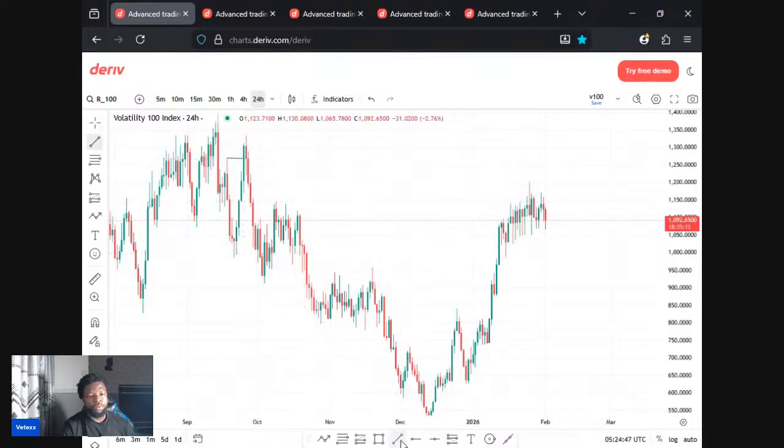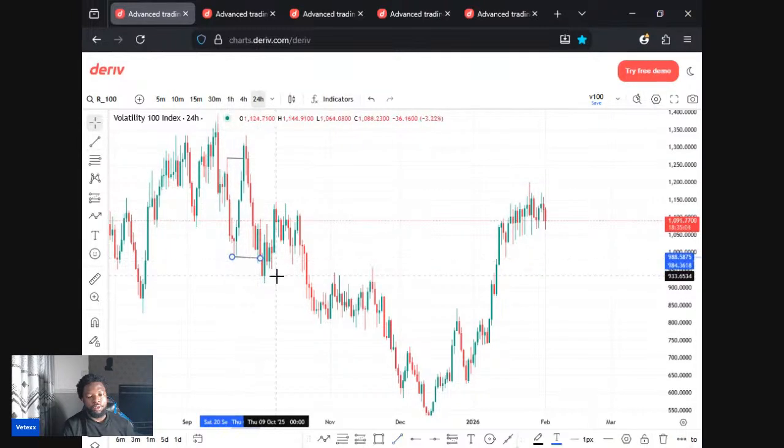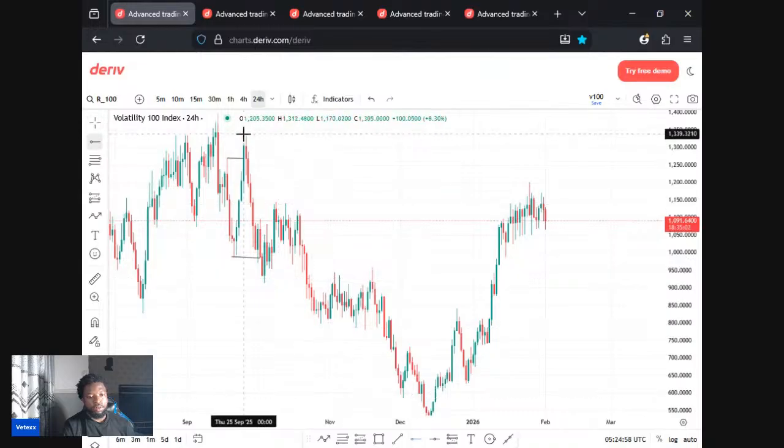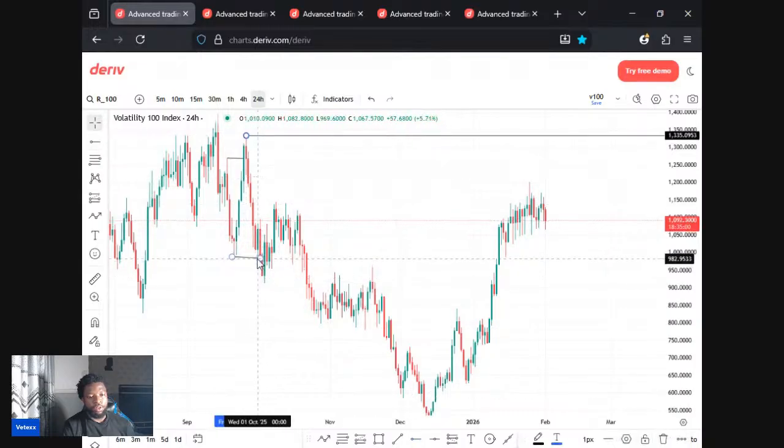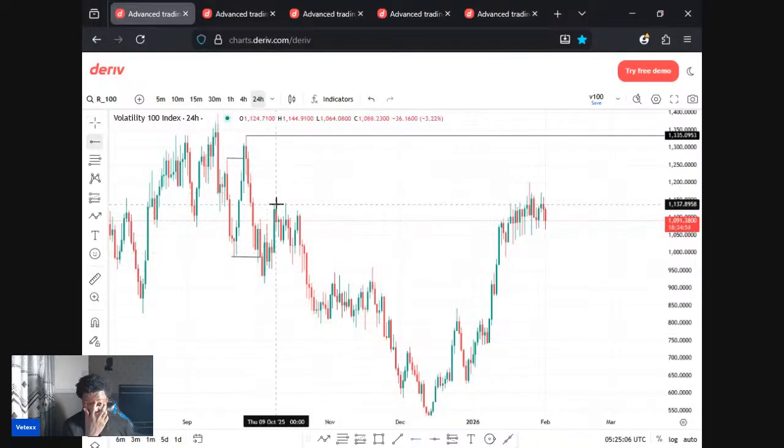Rule number two, price retrace to take out the newly created low to give us our first break of structure. This becomes our protected high. And then after, price retrace 50% to give us structural liquidity that needs to be taken out.